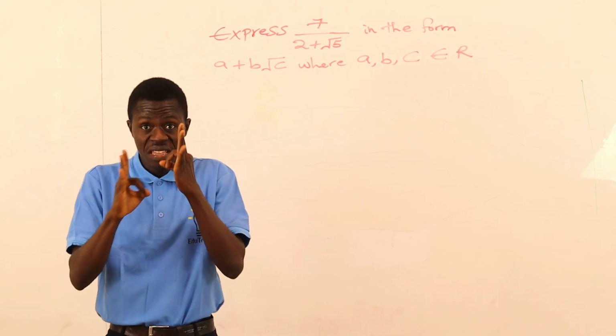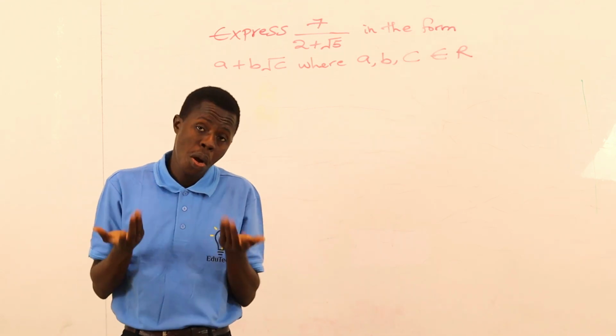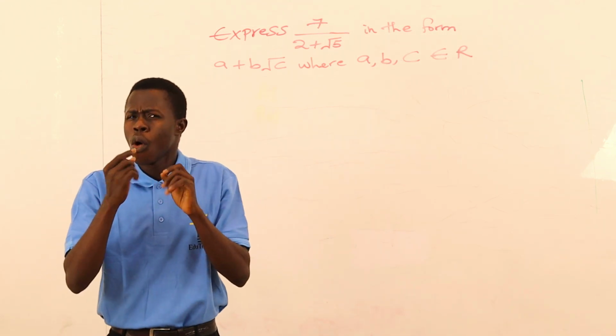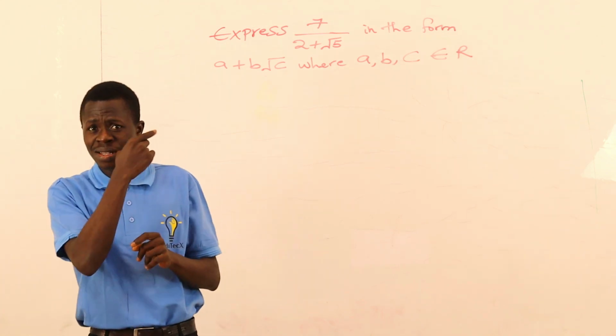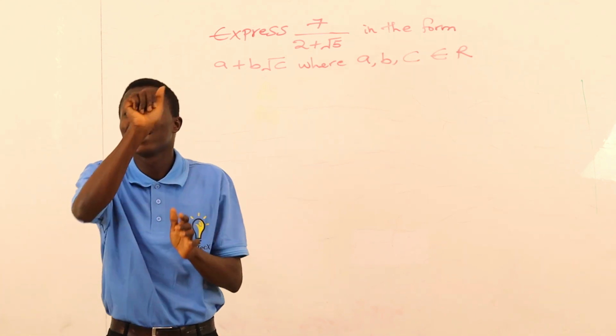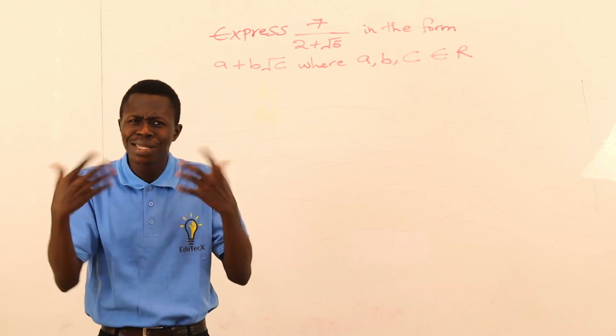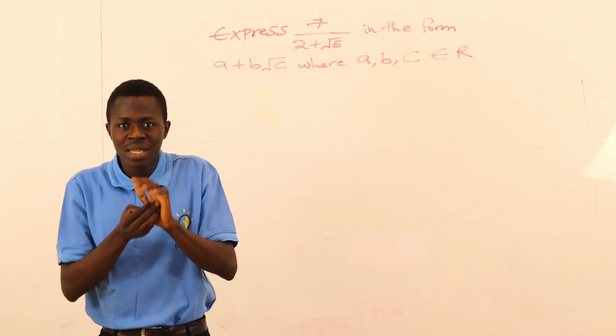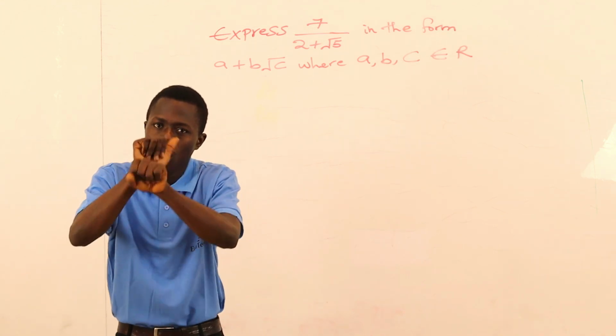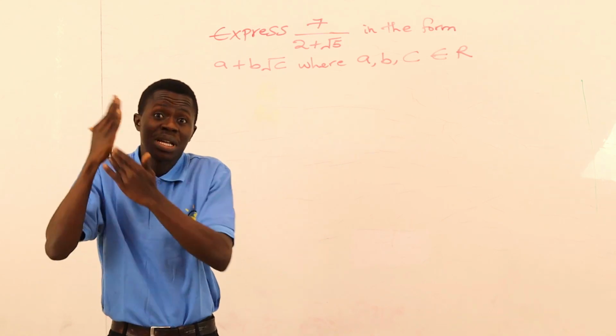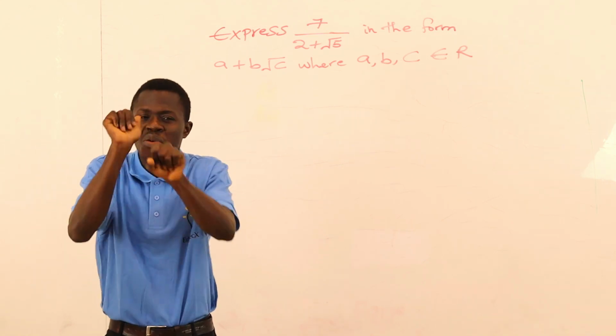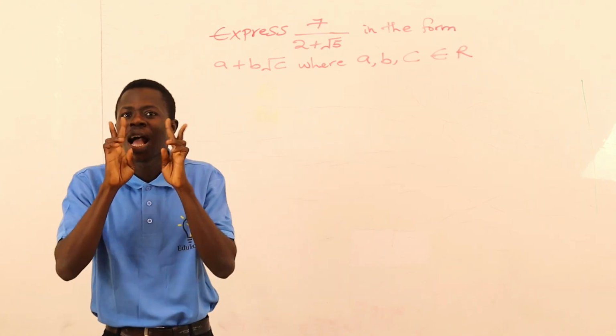If you see this question in a WASSCE examination or any other examination, and they tell you to express it in the form a plus b root c, all you need to do is rationalize the expression in the same manner as we did previously.